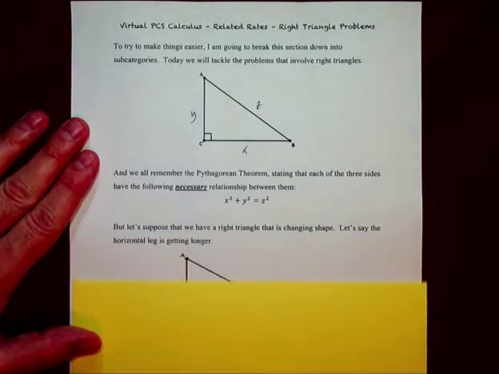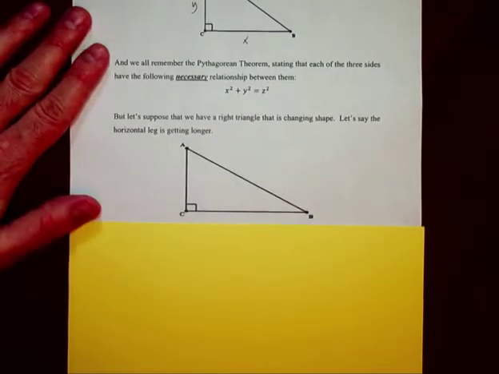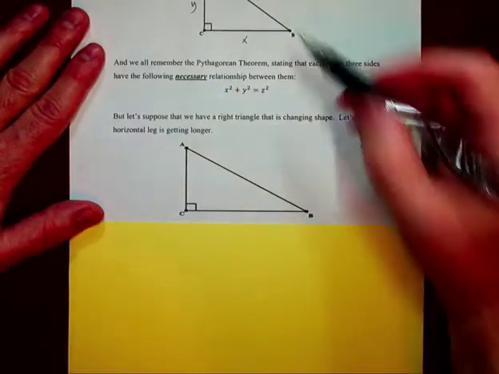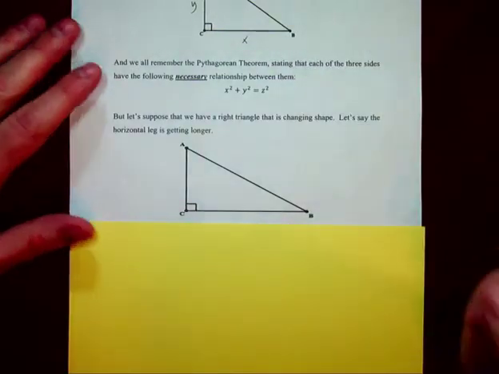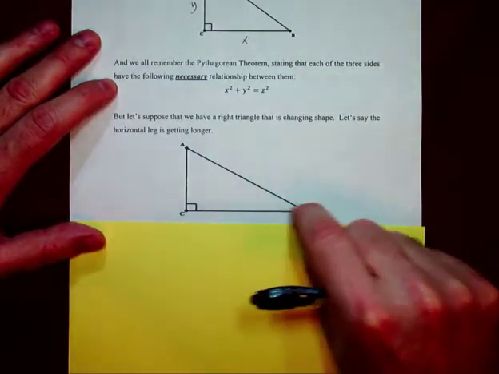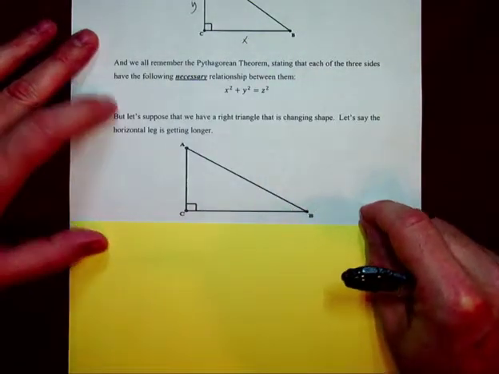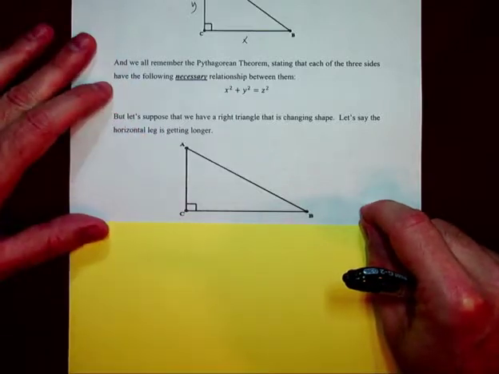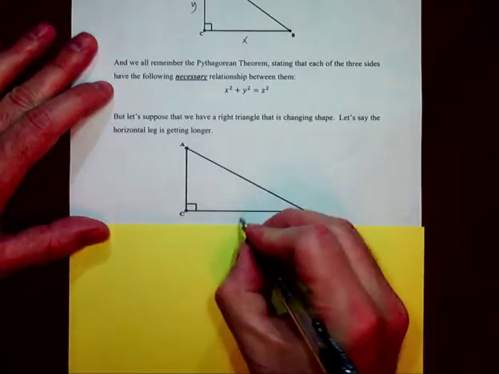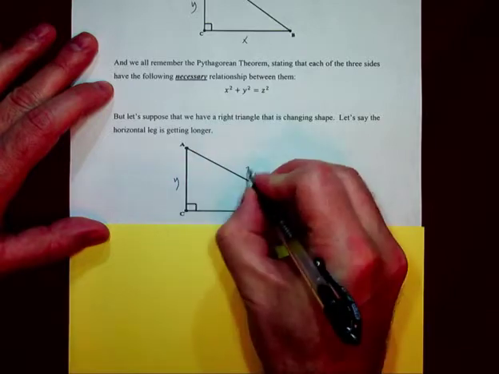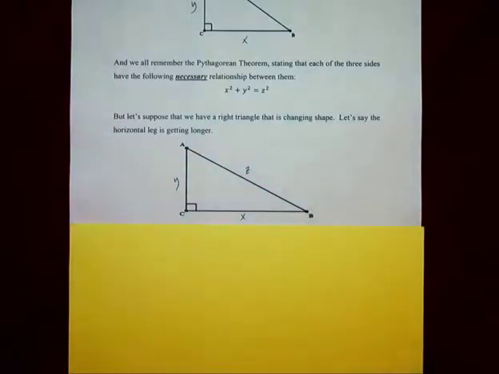Okay, but let's say, just for giggles, that I take this original triangle and I grab onto B and I stretch it out, okay? I leave it here and it's still a right triangle. It's still x, y, and z. I've just changed the triangle, right?